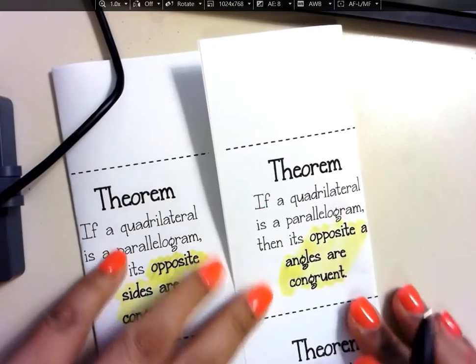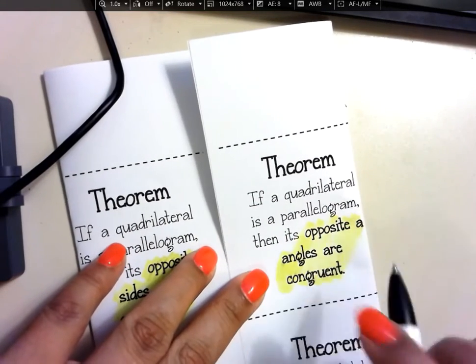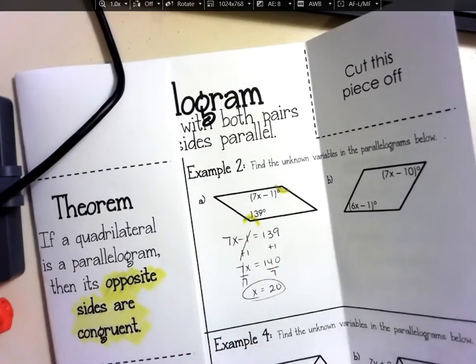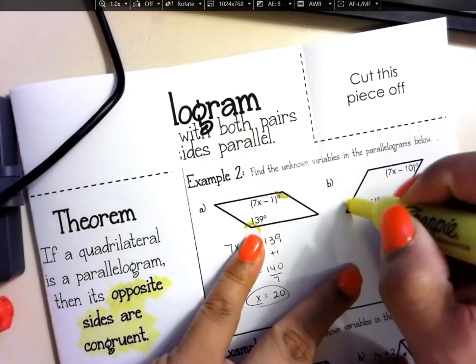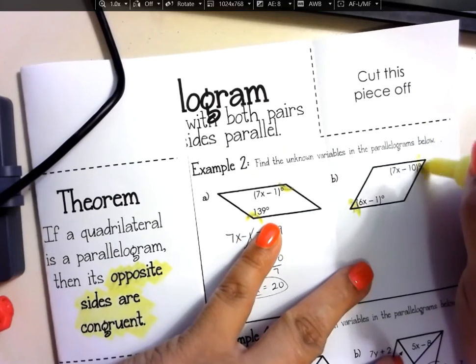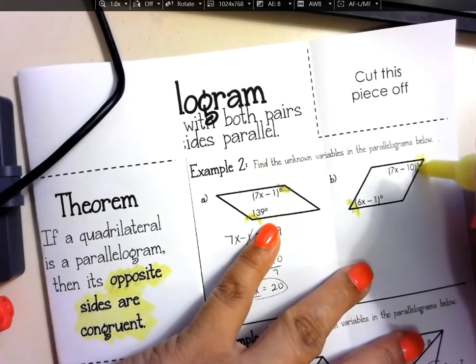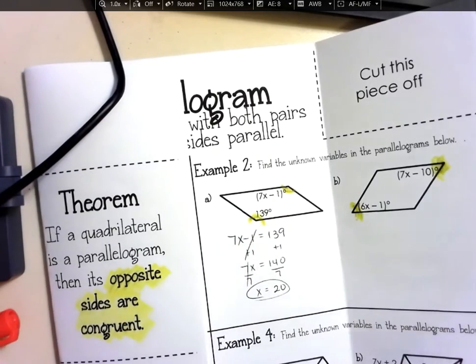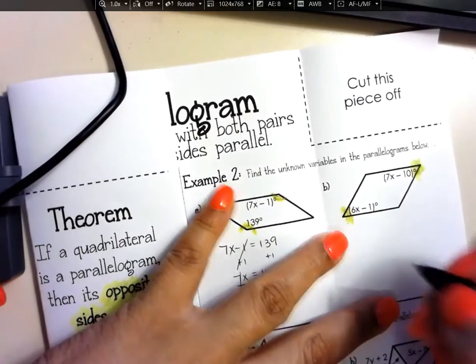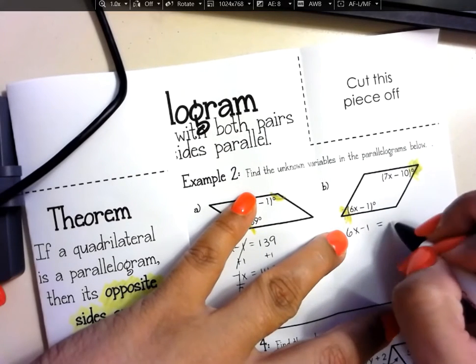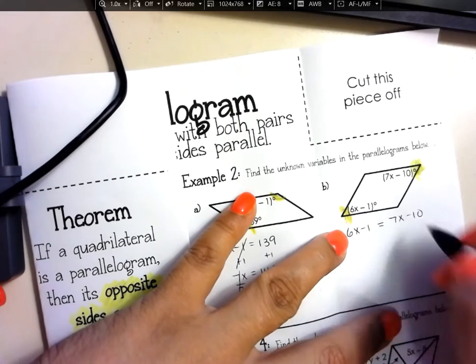Once again, in a parallelogram, the opposite angles are congruent. So when you look at this one, this angle and this angle, see how they're right in front of each other? That means that they are opposite angles, and therefore they are congruent. So you have 6x minus 1 equals 7x minus 10.